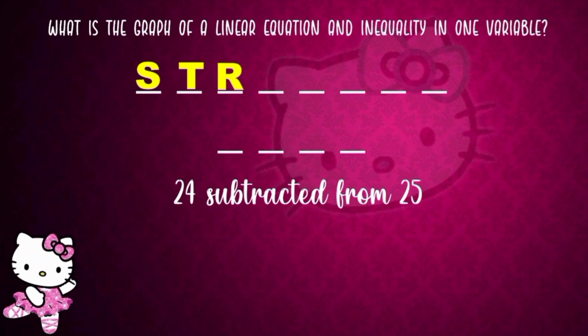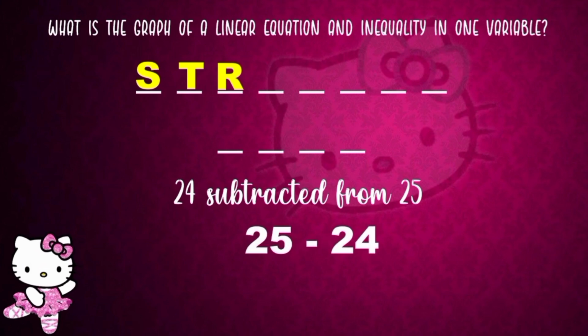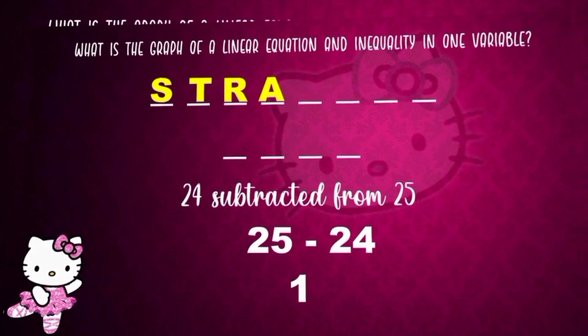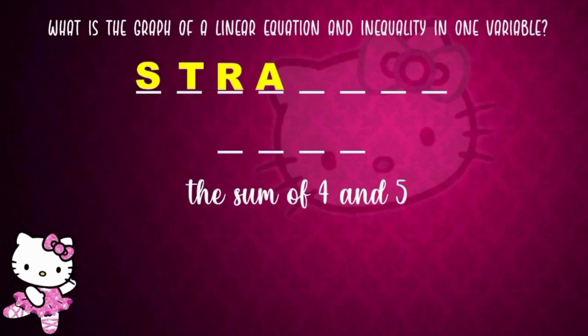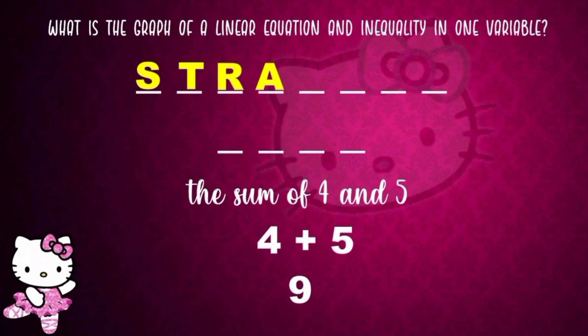Because of the word subtracted from, we will change the position of 24 and 25. We have 25 minus 24 is equal to 1. The first letter in the alphabet is letter A. Next is the sum of 4 and 5. 4 plus 5 is equal to 9. The 9th letter in the alphabet is letter I.